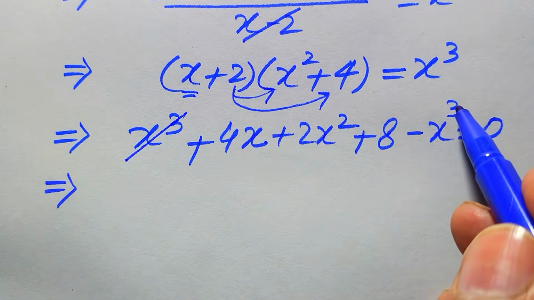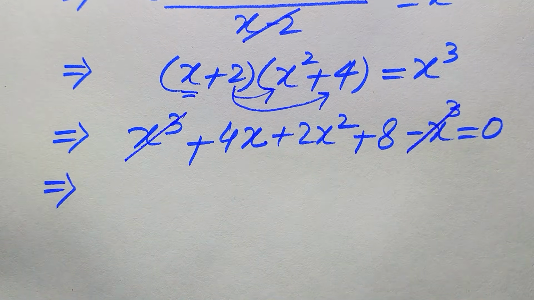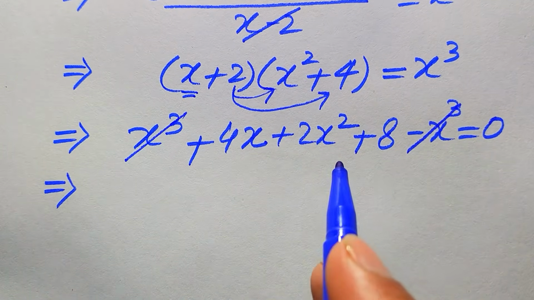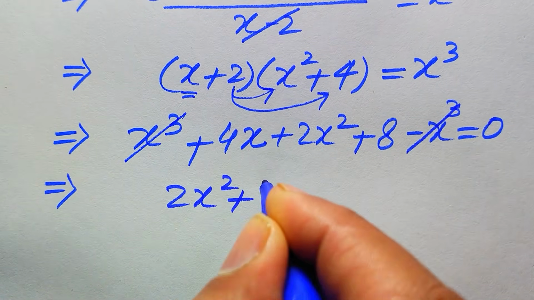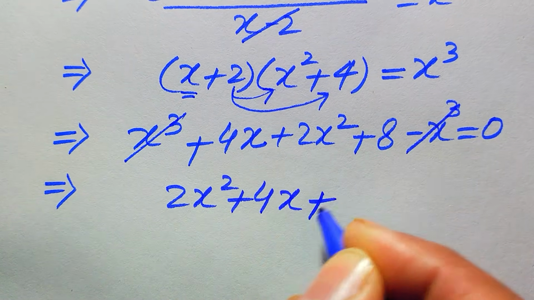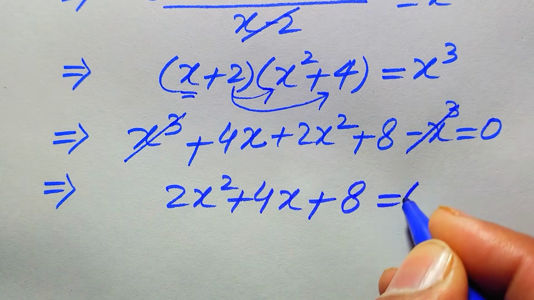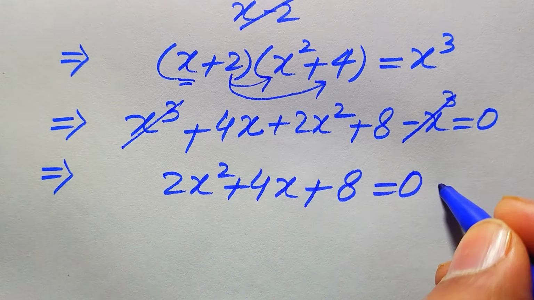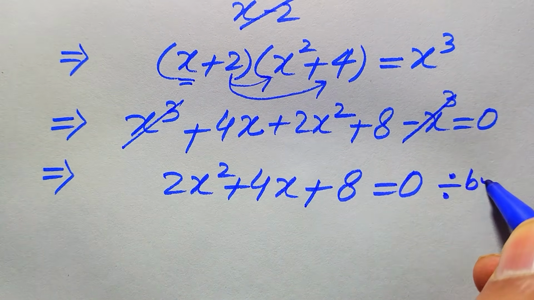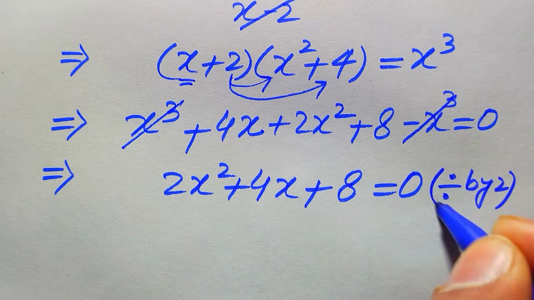And now in the next step we need more simplification. This positive x cube and this negative x cube are cancelled out by each other, and the remaining values are 2 times x square plus 4x plus 8, and this whole equation is equal to 0. So you see that each of these terms is divisible by 2. So we divide each of these terms by 2 on both of the sides.